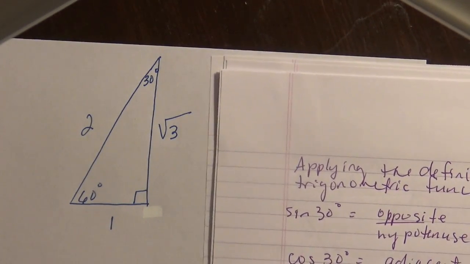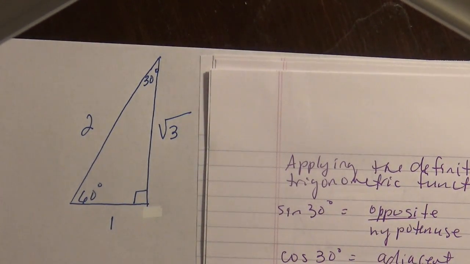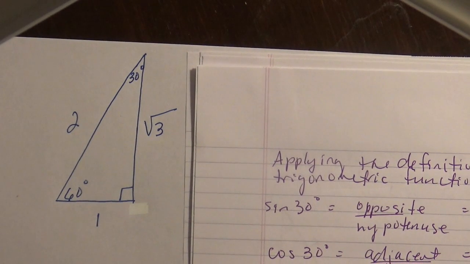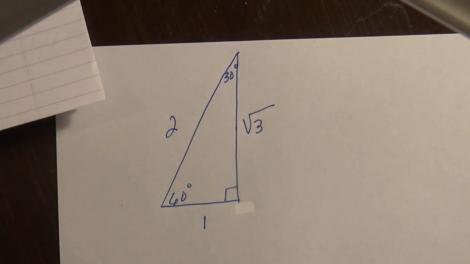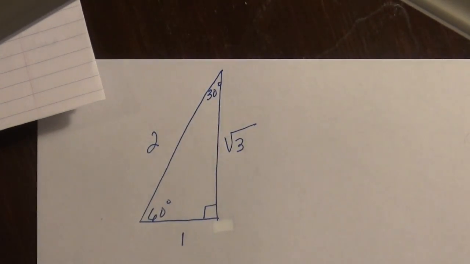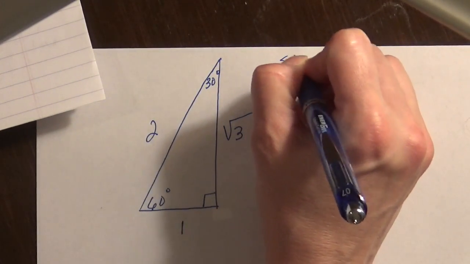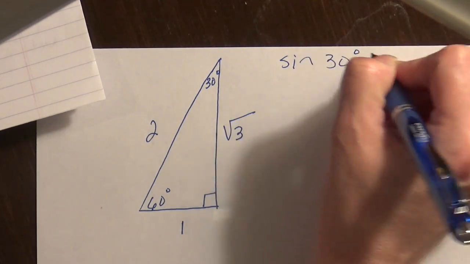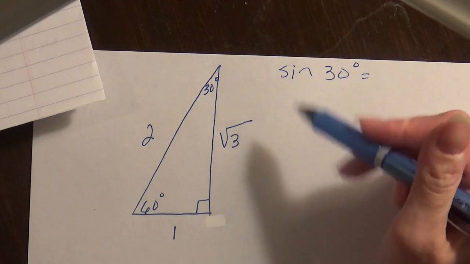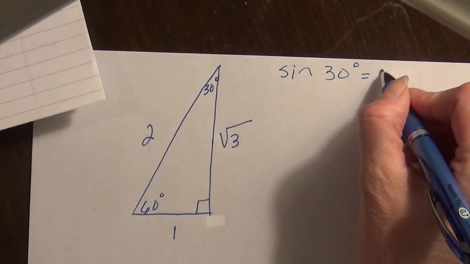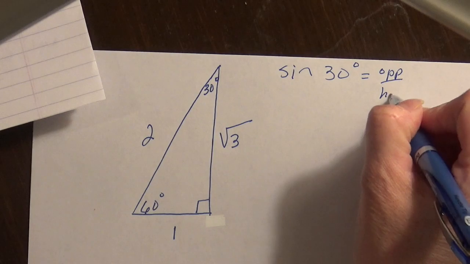Try it this way. So I'm just going to do it here, and then you've got it in your notes you can use as a reference. I'm going to use this, and I'm going to go through and find sine 30 degrees. I know that sine, based on my right triangle definition, is opposite over hypotenuse.